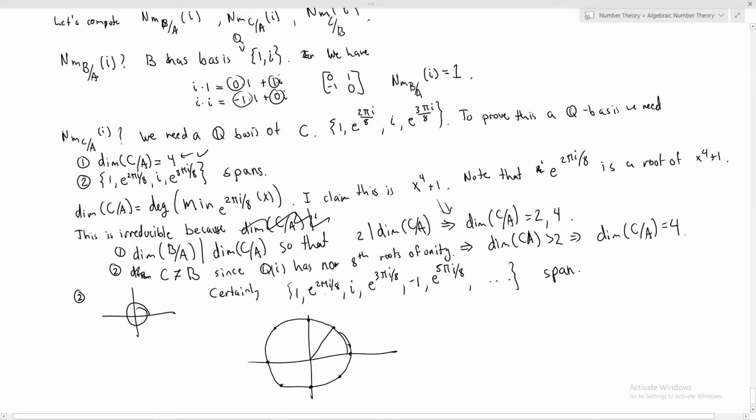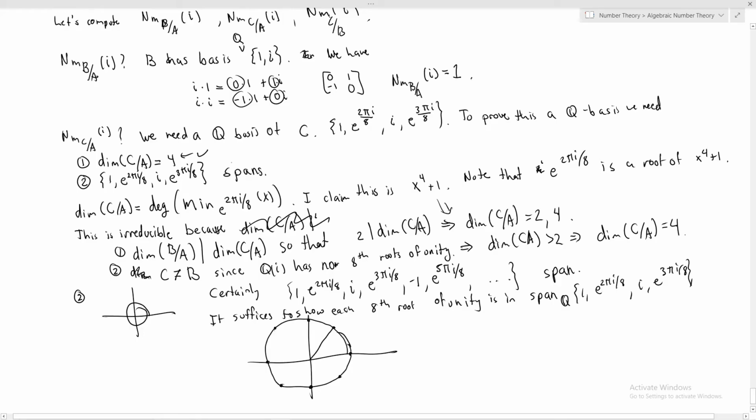So it suffices to show each eighth root of unity is in the Q span of these guys: 1, e to the 2 pi i over 8, i, e to the 3 pi i over 8.